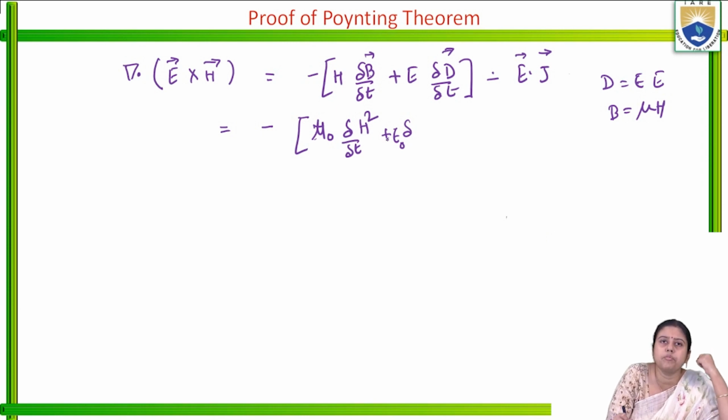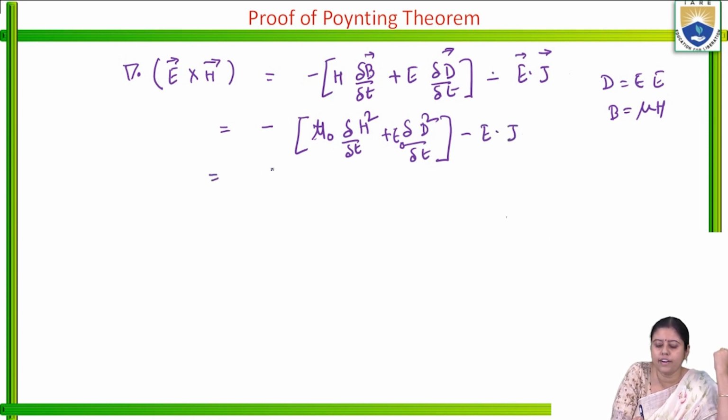And why are we taking epsilon naught? Because it is in free space, and we discussed earlier that in free space mu is equal to mu naught and epsilon is equal to epsilon naught. So we got del D square by del T, and E dot J. Or we can write it with mu naught taken inside.